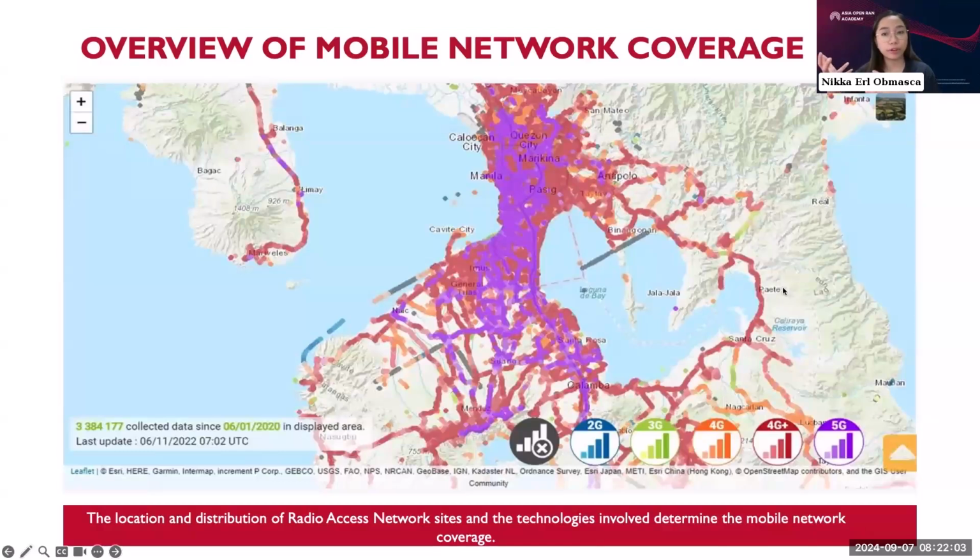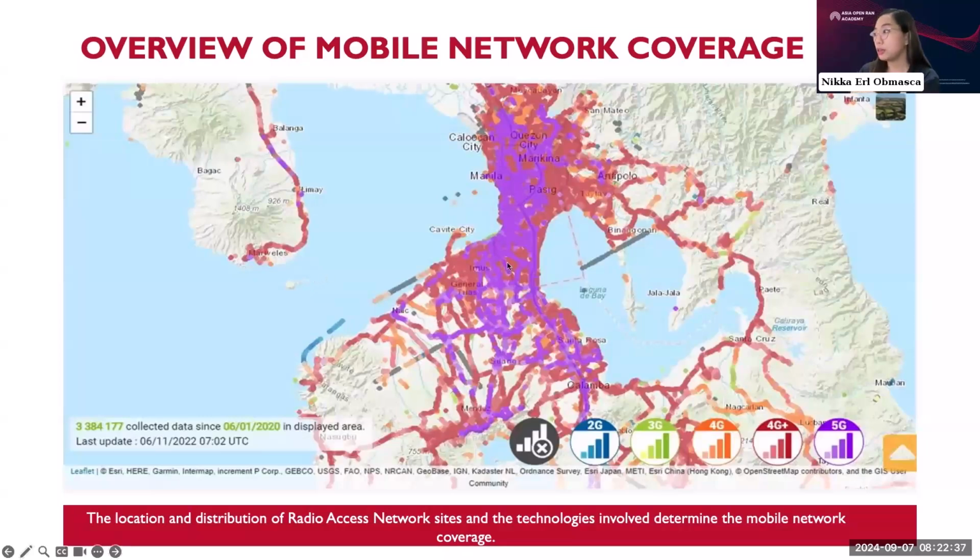If we take a look at a mobile coverage map here on your screen as an example, it uses a different color-coded scheme to illustrate the different technologies that are present at certain locations. Some locations still have 2G, 3G, 4G, up to 5G technology. If you observe, we have here a lot of 4G technology in the area.